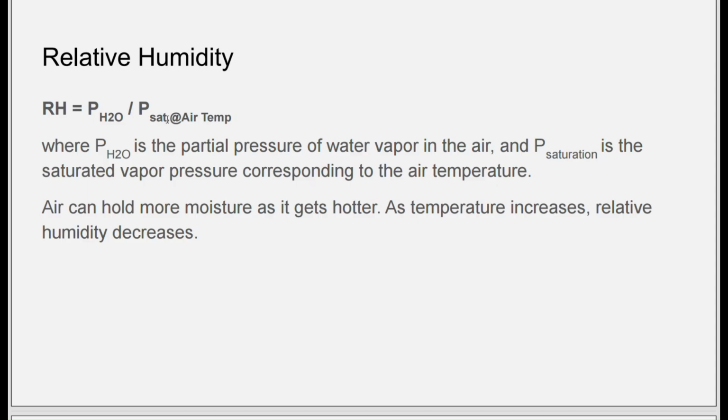So what this means is that unlike dew point, where as temperature changes your dew point stays the same, here, if temperature increases, your corresponding saturation pressure also increases. If the denominator increases, then your relative humidity decreases. So as your air temperature increases, relative humidity decreases. That makes sense because as your air temperature increases, the amount of moisture it can hold increases, so your relative humidity would go down.